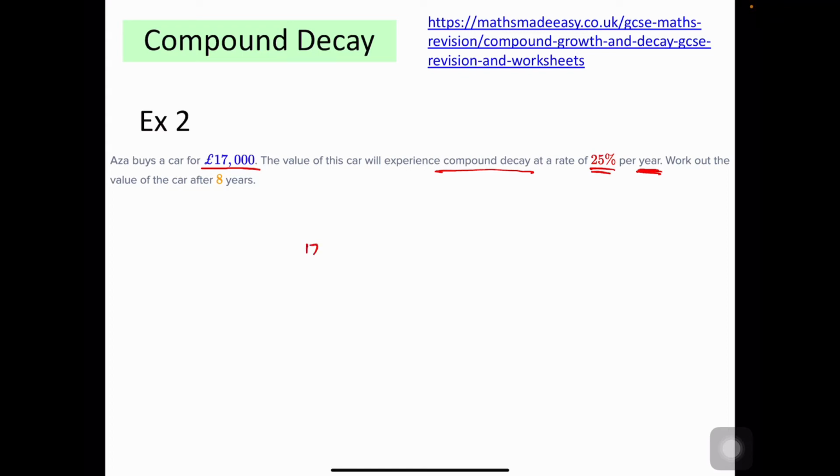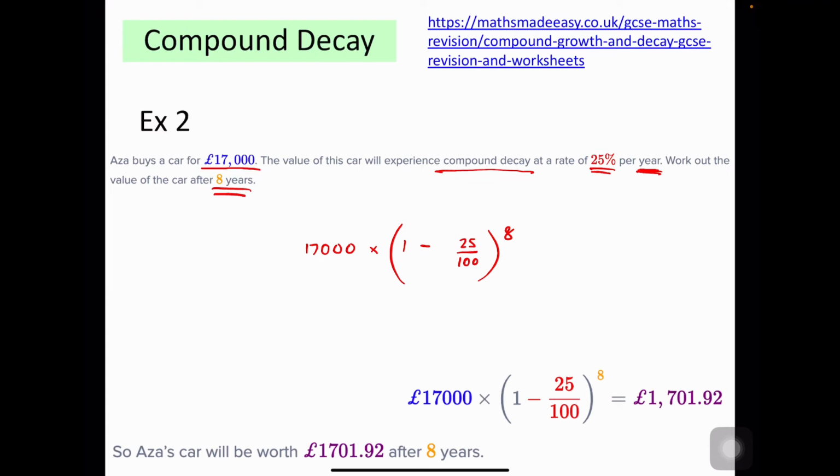So original amount multiplied by 1. Here we're going to write take away because it's compound decay. 25 over 100, of course, to the power of 8, because we want to know the value of the car after 8 years. So here it is.